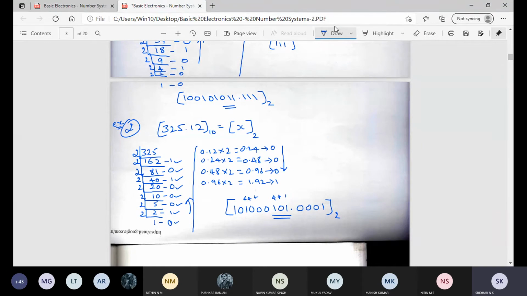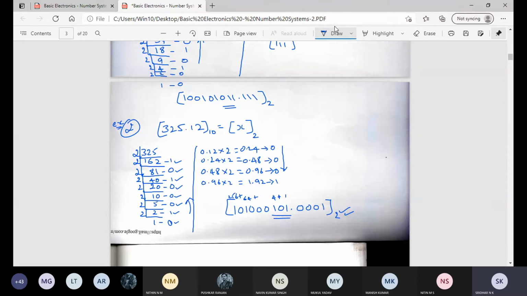And 128 is not there, and 256 is there, correct? 256 plus 64 plus 4 plus 1, how much does it come? Just to cross verify whether your answer is correct or wrong. 325, sir. Is it correct? Correct, right? So this is how we are going to convert any given decimal number to a binary number.